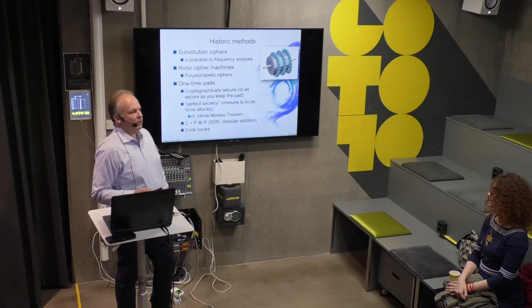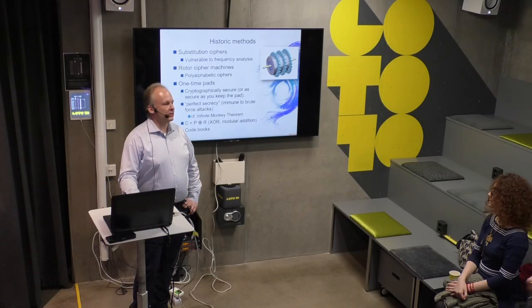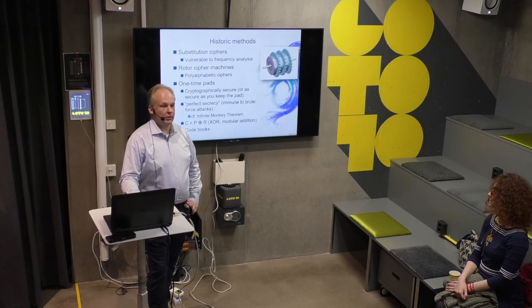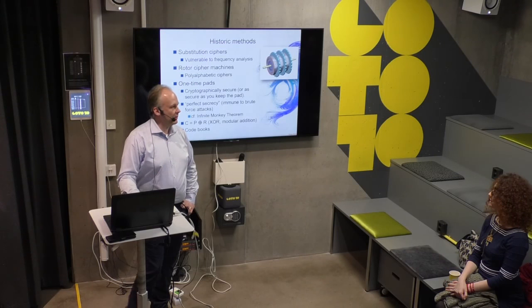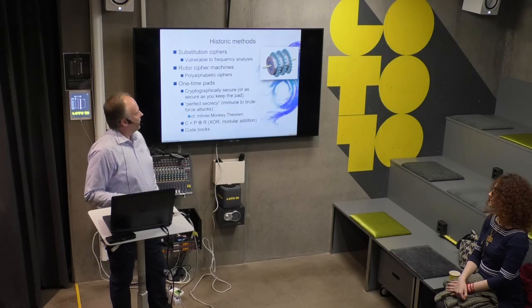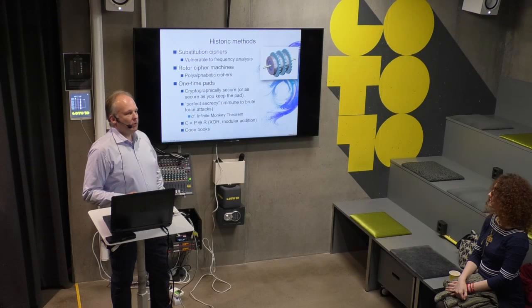The problem of cryptography was solved in the 1800s. You can say there is only one method that is cryptographically secure. It's proven to be secure. And it's called a one-time pad. The problem obviously is to keep the key secure also.